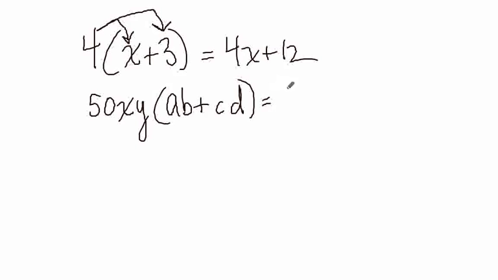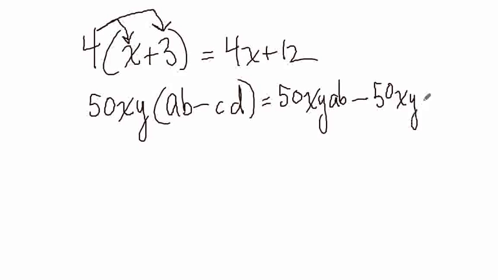So that whole mess is still a similar idea. So you would get 50xy AB. And let's say, just to make it different, let's say that I had subtracted inside, had a difference this time. So now on the second blob I have minus the product 50xy times CD. Alright, so that's all well and good.